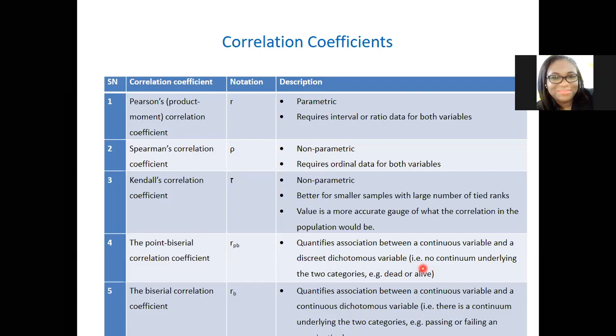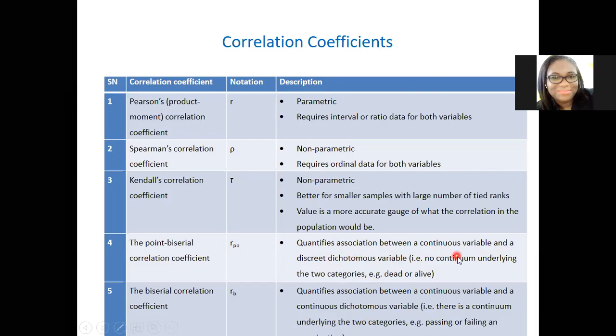For sex, I say male or female. Now let's look at point biserial and biserial. The point biserial talks about association between a continuous variable and a discrete dichotomous variable.